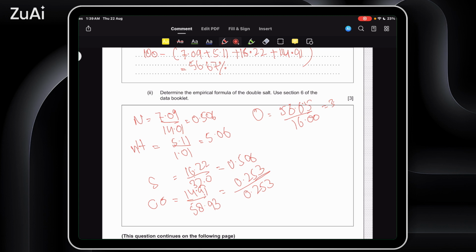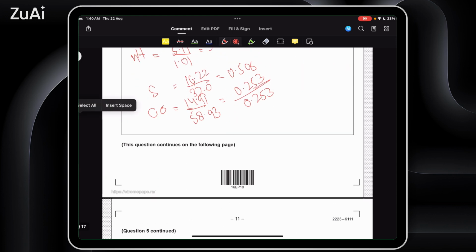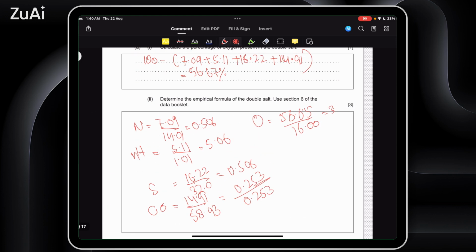Once we have the moles, then we have to divide by the smallest one to get the answer. Is that clear so far? Everything is fine. So for the oxygen, you have to divide again, you will get 3.54. Now you have these values, you have to divide by the smallest one. Then we have the simplest ratio.